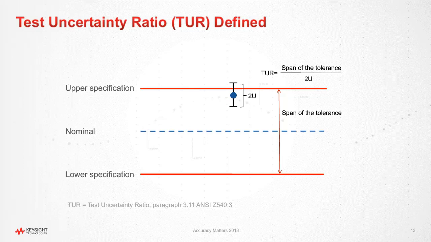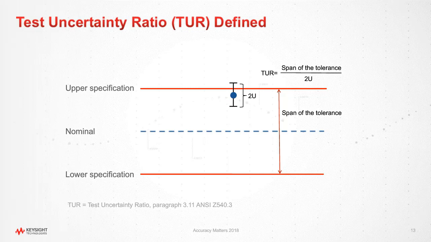Okay, so you see a little definition here. It's the spec, and then normally what we mean by the uncertainty is the expanded measurement uncertainty, which is equal to 2 times the standard deviation that you come up with.